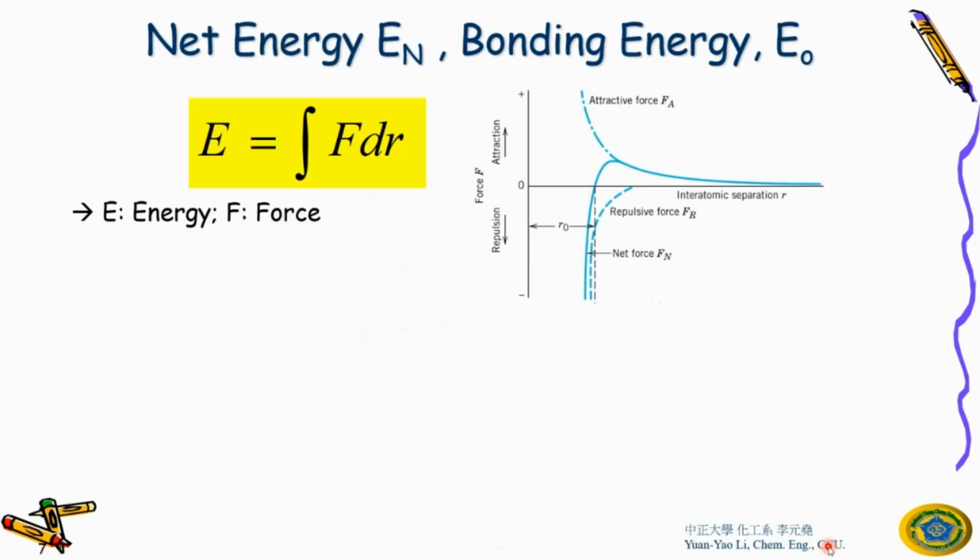Okay, so how about bonding energy? Energy is the summation of the force times distance, right? So if you have force and you have distance, you can do the summation and you get energy.